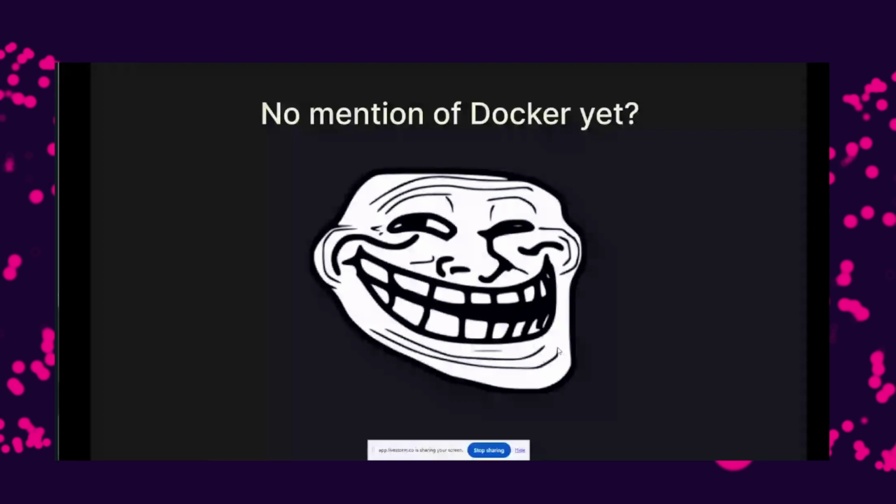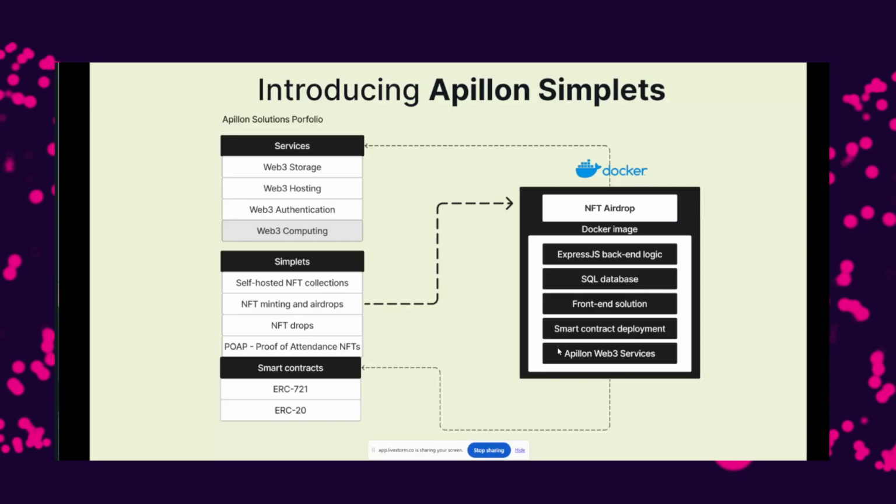All right, so I talked a lot, and we still didn't touch Docker in this case. So finally, I would like to introduce how we are thinking in the case of simplets and Docker images. So we will look at the case of proof of attendance NFTs, a simplet that we already built.